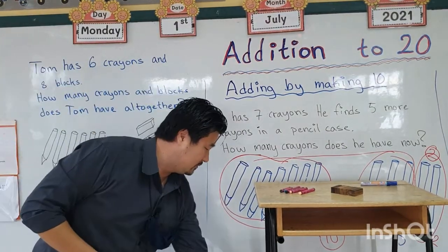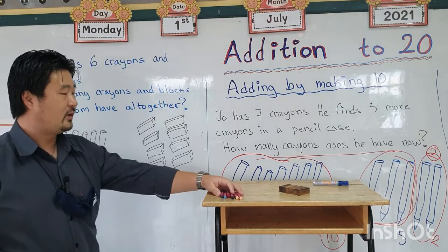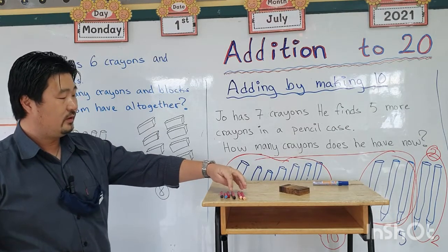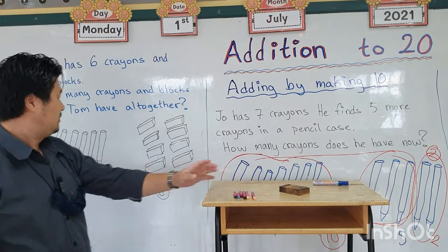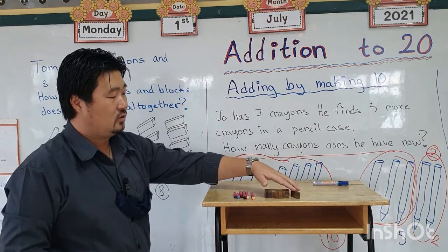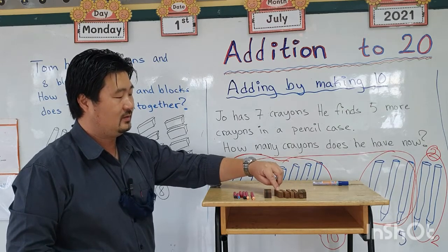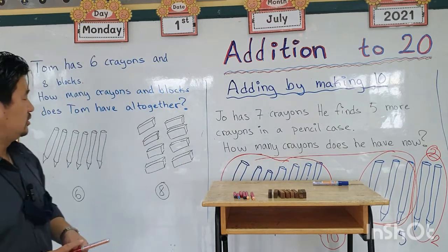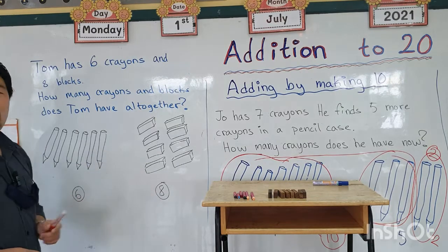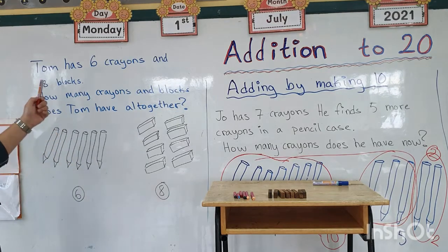So, how many crayons do we have? 1, 2, 3, 4, 5, 6 crayons. 6 crayons. And how many blocks? 1, 2, 3, 4, 5, 6, 7, 8. 8 blocks. And that is the same as on the board. Okay? So now let's read the problem.